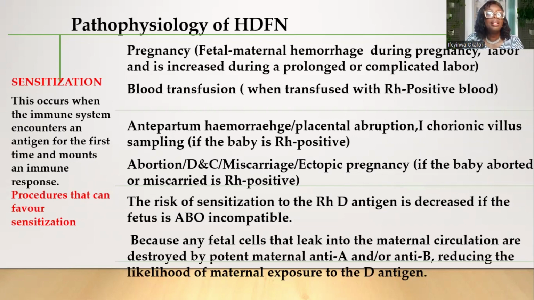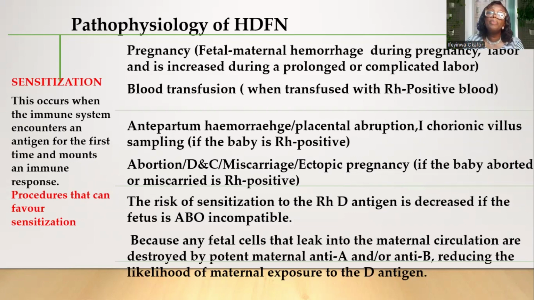Another procedure that can favor sensitization is blood transfusion, when the mother is transfused with Rh positive blood if the mother is Rh negative. Another one is antepartum hemorrhage, placental abruption, or a procedure like chorionic villus sampling.